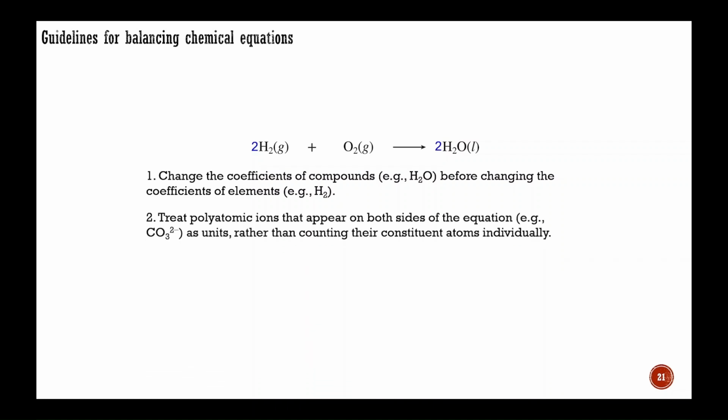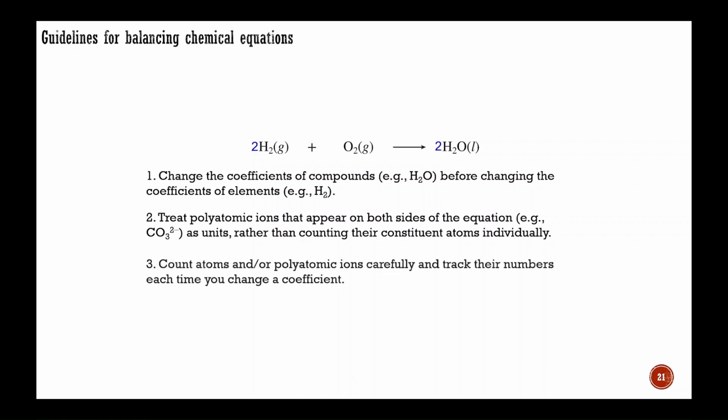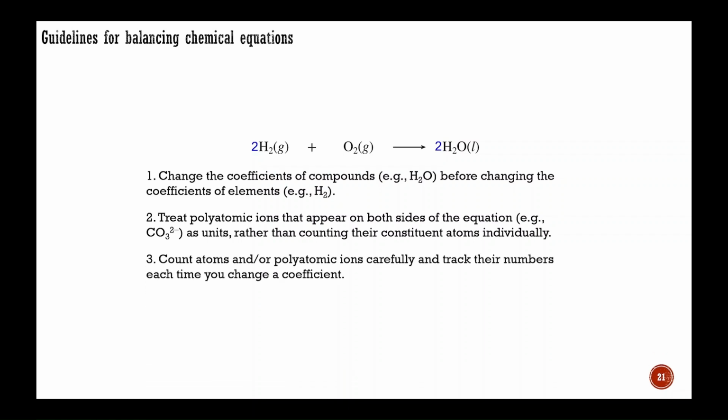Next, treat polyatomic ions that appear unchanged on both sides of the equation as single units, rather than counting their constituent atoms individually. Lastly, carefully count atoms and polyatomic ions, and keep track of their numbers each time you modify a coefficient. Now, let me demonstrate how balancing works using a relatively complex example involving the combustion of a hydrocarbon called butane.